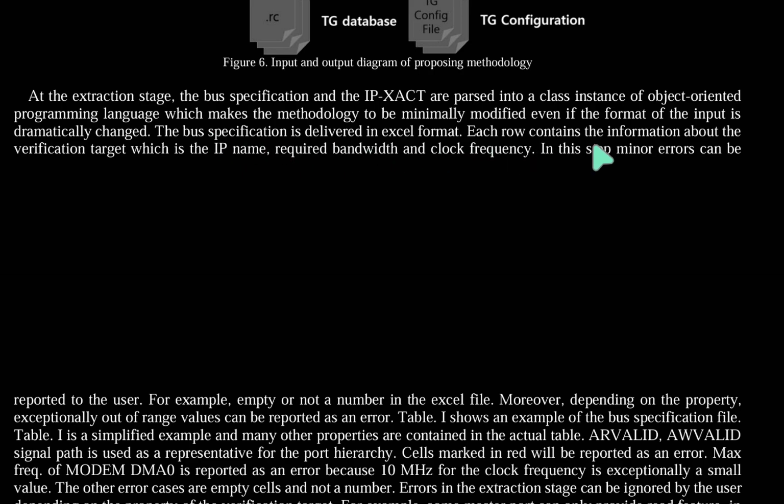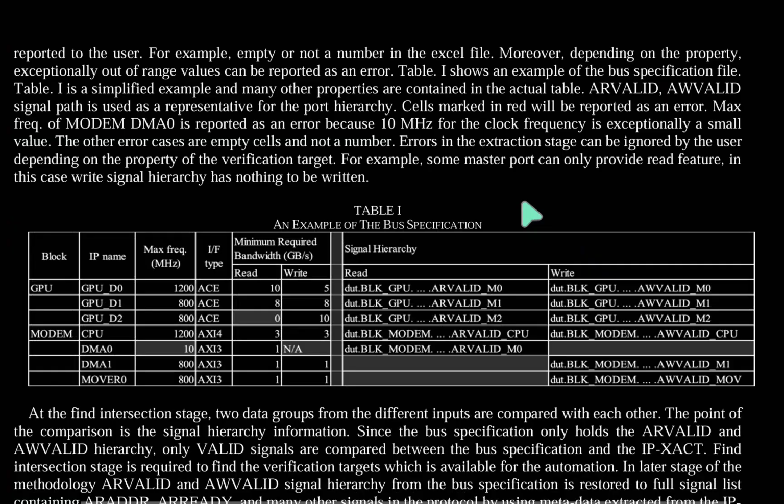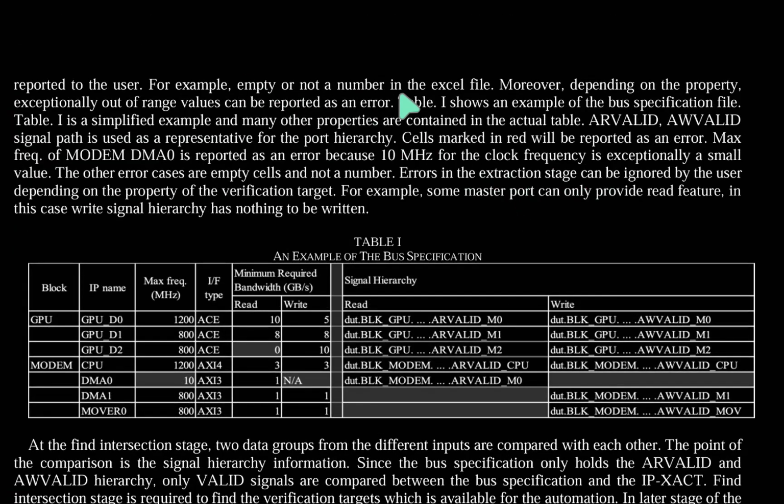Each row contains the information about the verification target, which is the IP name, the required bandwidth, and the clock frequency. In this step, minor errors can be reported to the user, for example, empty or not-a-number cells in the Excel file. Moreover, depending on the property, exceptionally out-of-range values can be reported as an error.